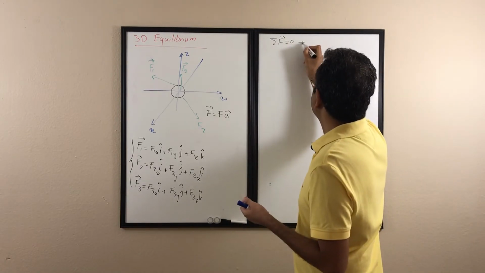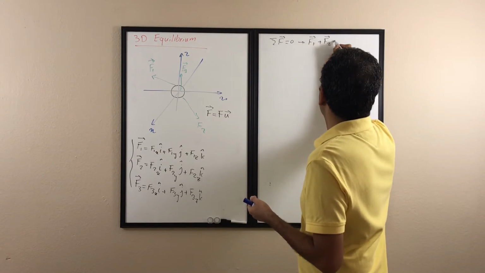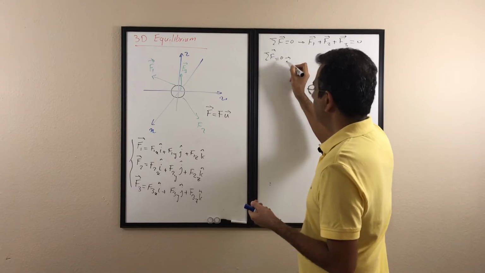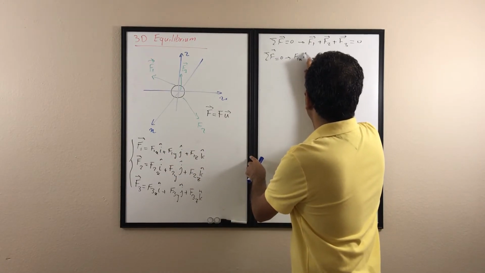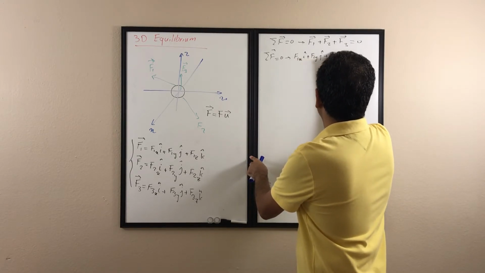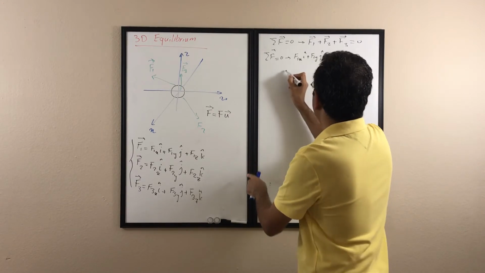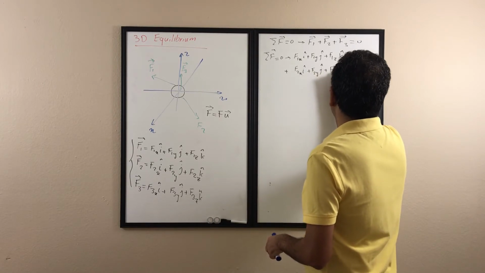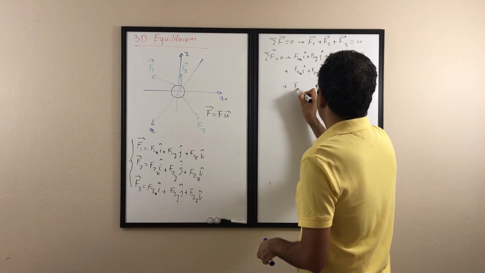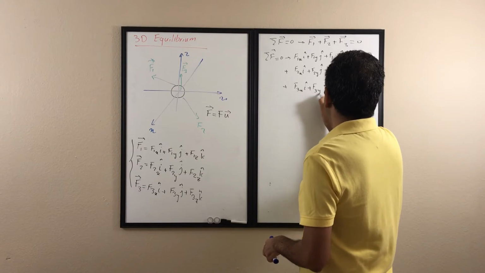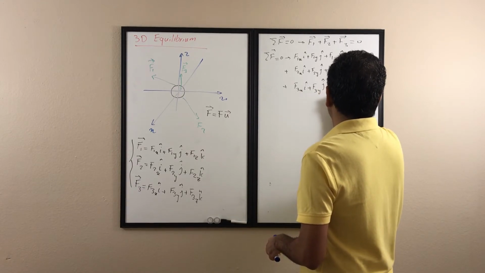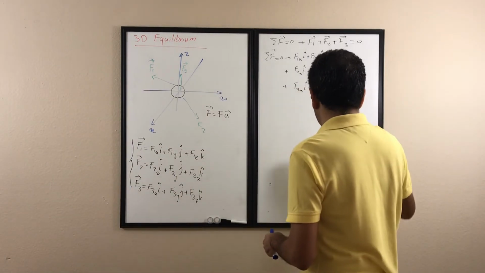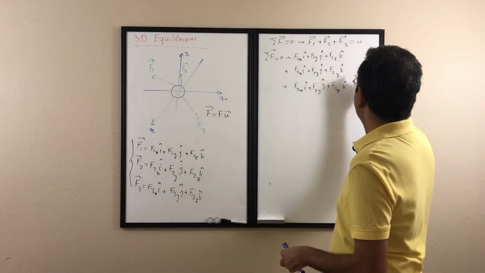What it means is that I'm going to add F1 plus F2 plus F3 equal to 0. So it's going to be F1x i plus F1y j plus F1z k, plus F2x i plus F2y j plus F2z k, plus F3x i plus F3y j plus F3z k, and this is going to be 0.